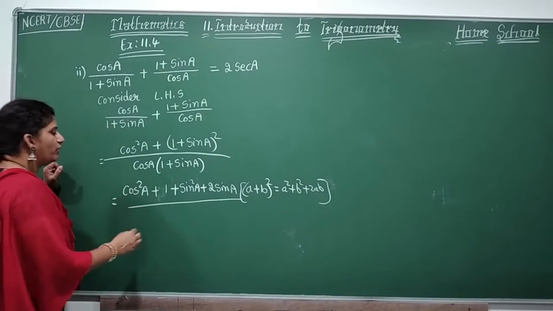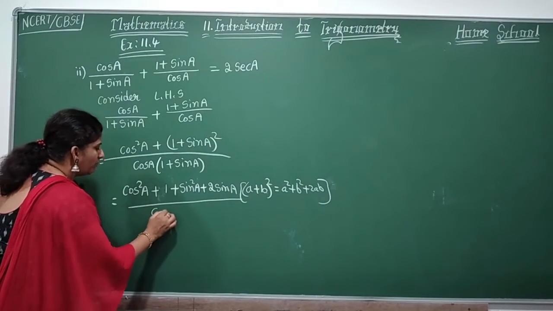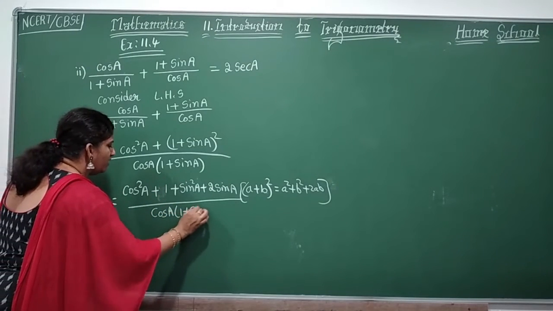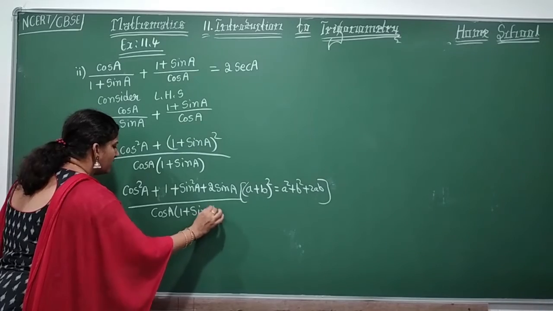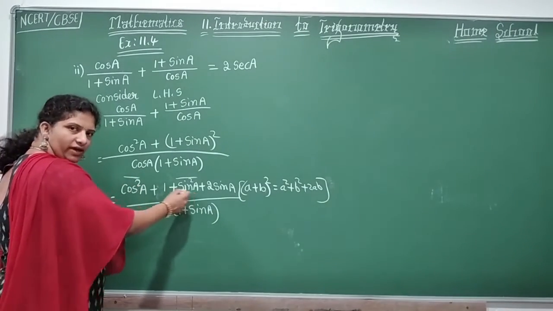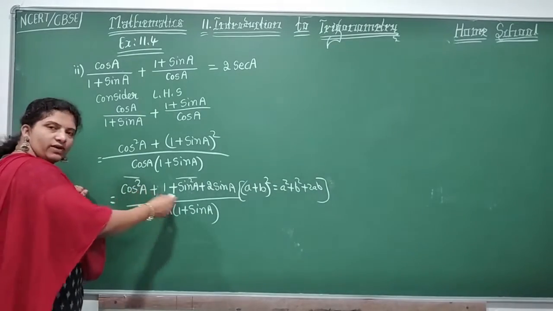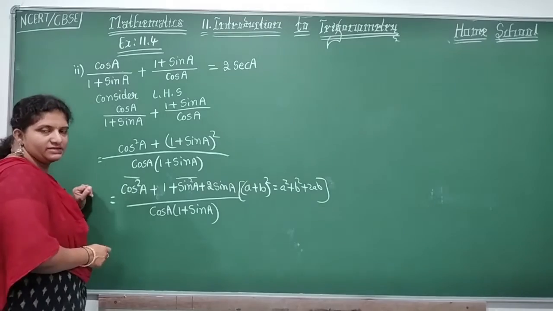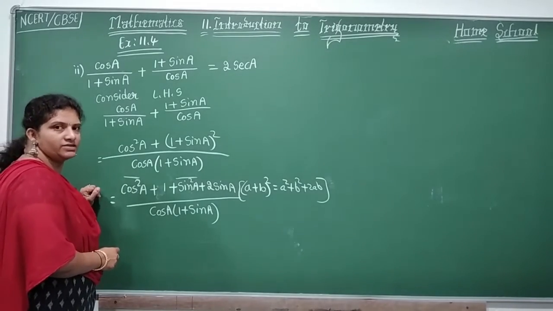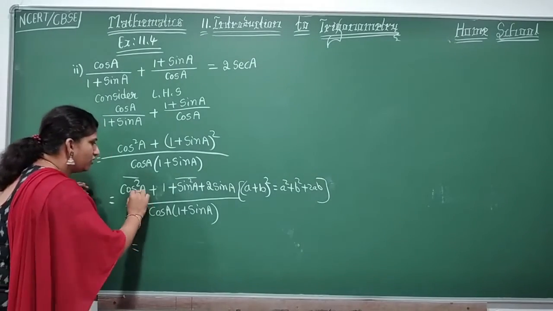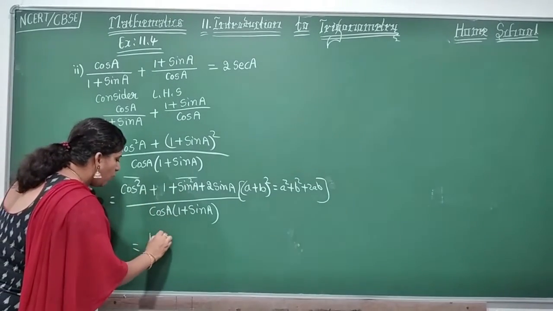So now divided by, don't multiply children. As it is, take down this one: 1 plus sin A. Okay, sin square A plus cos square A. What is sin square A plus cos square A? You can remember an identity. Yes, sin square theta plus cos square theta is equal to 1. So write that. That is equal to these two sum is 1 plus.